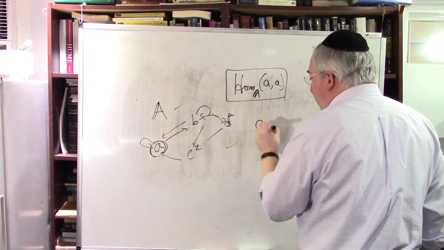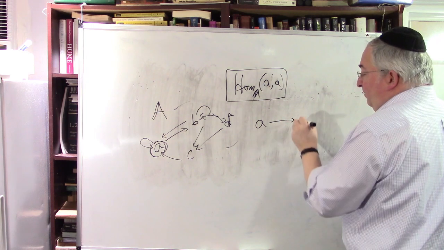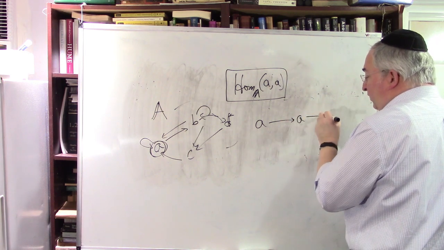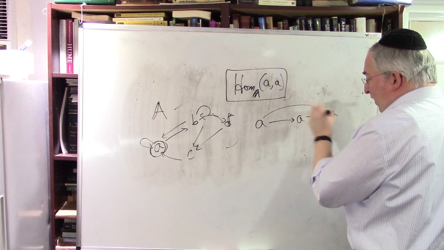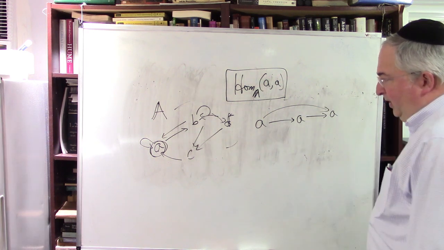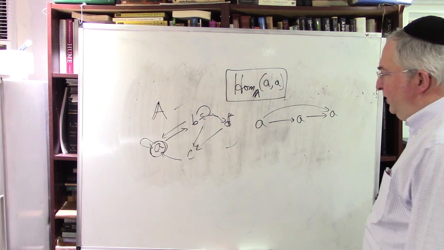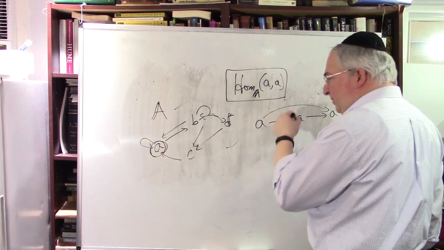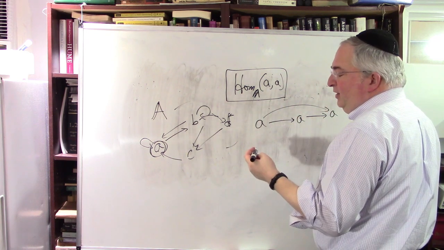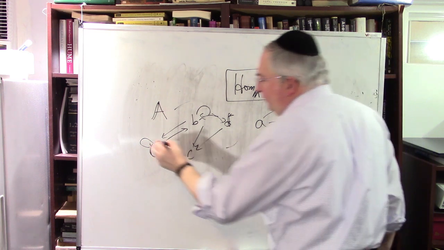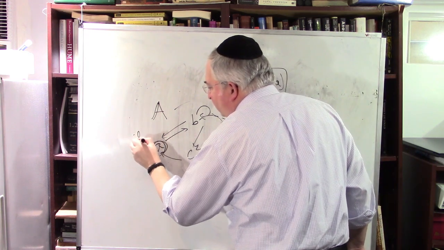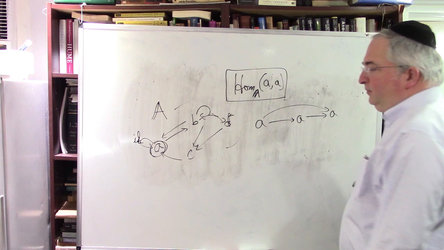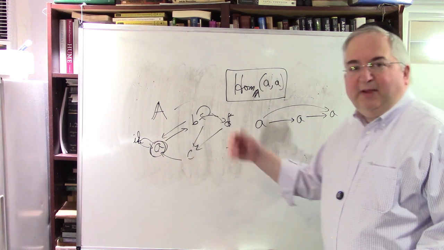If you have some wild crazy map from A to A, and then another wild crazy map from A to A, then you have a wild crazy map from A to A. That shows that that's a monoid. What is the unit? The unit is the identity on A.